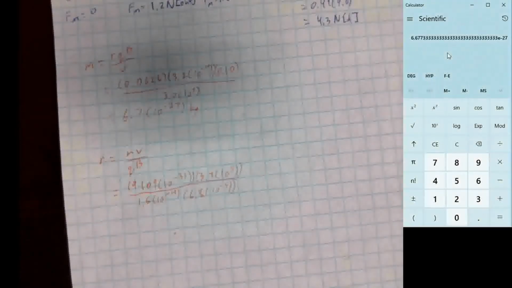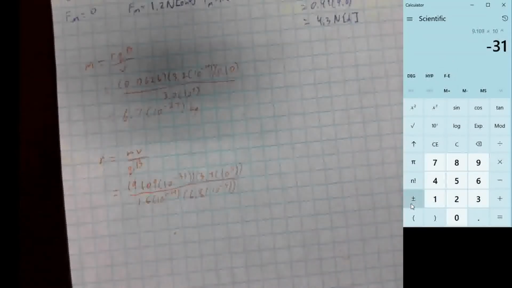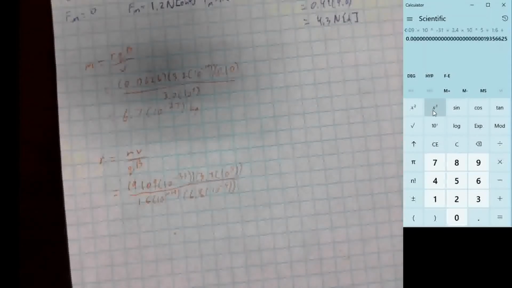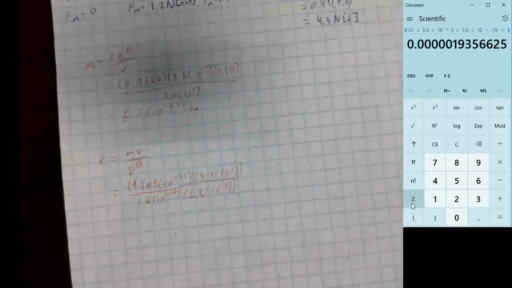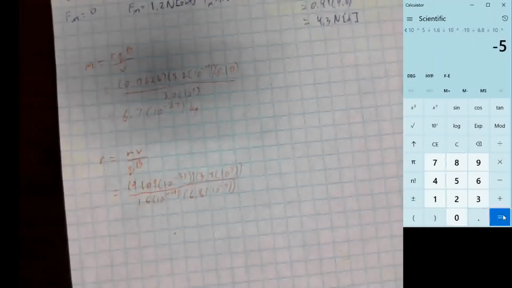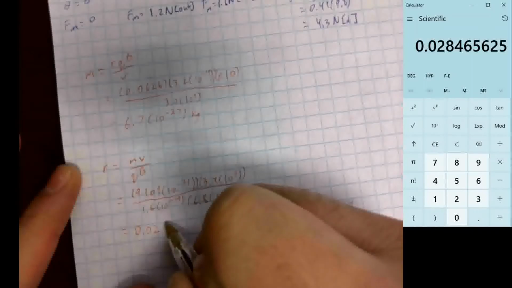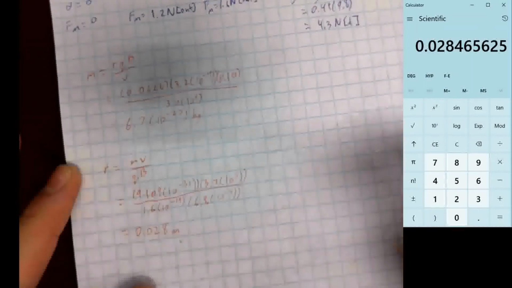So substituting this into the equation, I end up with 9.109 times 10 to the power of negative 31 times 3.4 times 10 to the power of 5 divided by 1.6 times 10 to the power of negative 19 divided by 6.8 times 10 to the power of negative 5. So I end up with two significant digits again, so it's 0.028 meters.